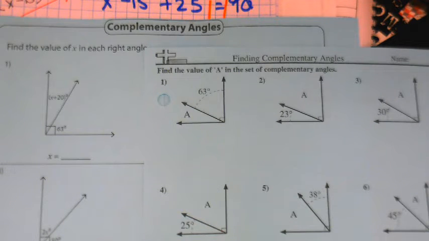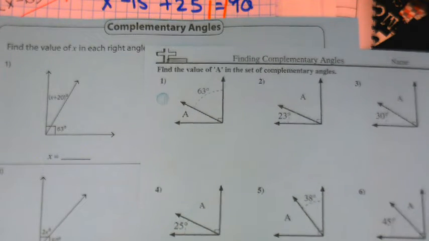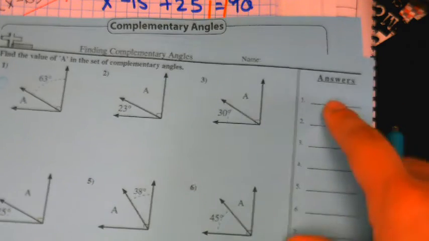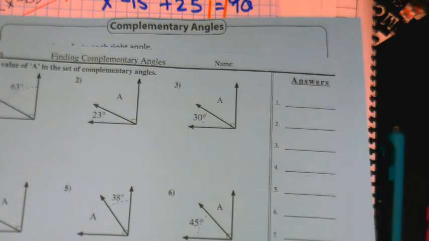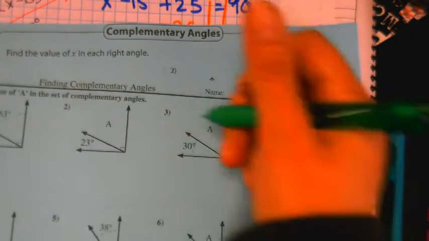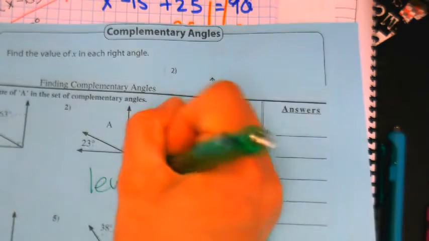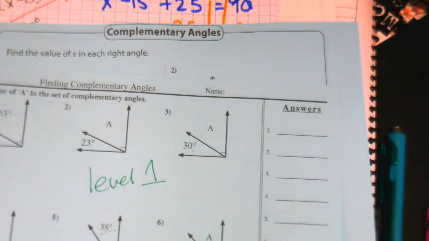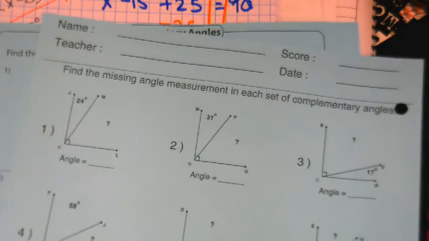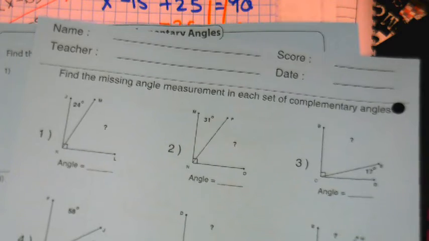Okay, let's focus. Okay, ladies and gentlemen. Okay, so this one that has the answers, Jaylene, on this side, this is level 1. This is level 1 worksheet. Front and back is just simple subtraction. Super easy.